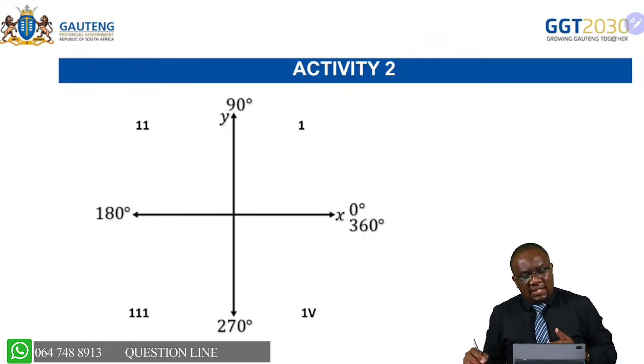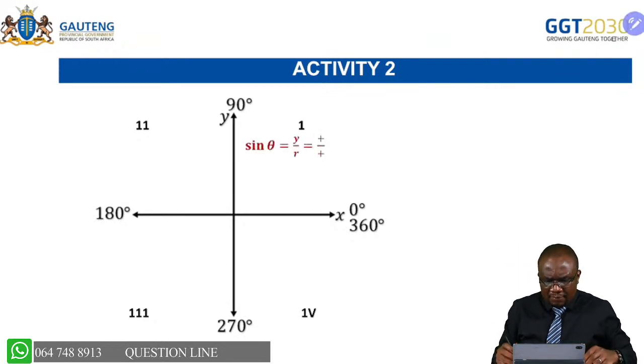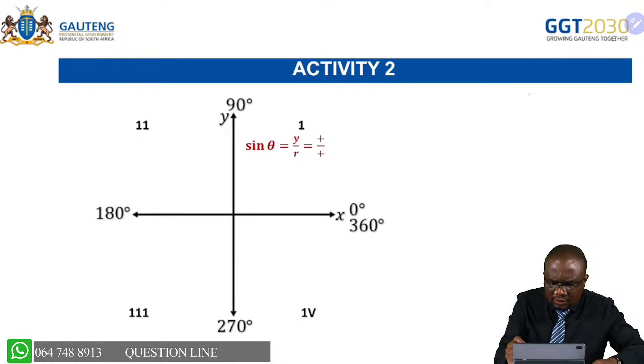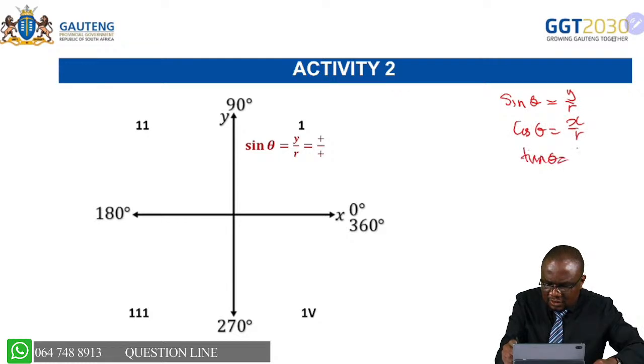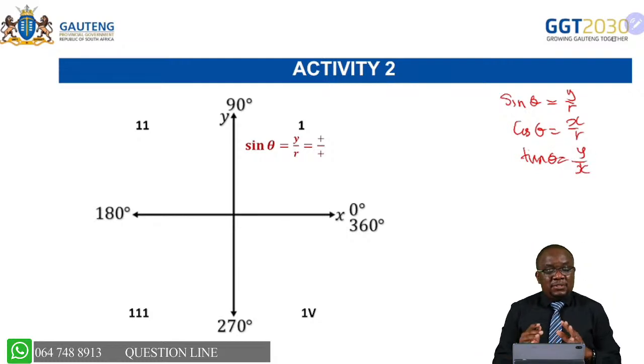So we said this. Remember, sine theta is y over r, cos theta is x over r, and then tan theta is y over x, okay? Right, in quadrant 1, don't write this, I'll tell you what to write. You must have your Cartesian plane with you there.